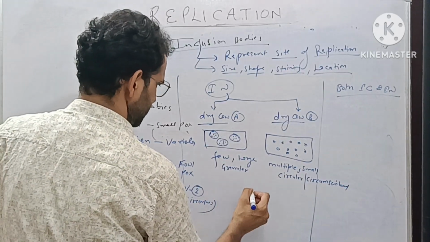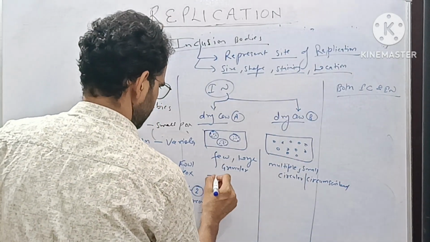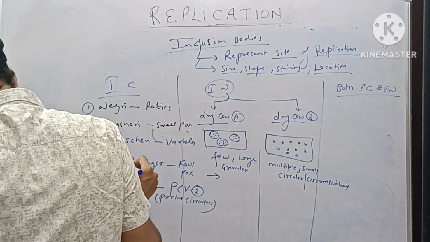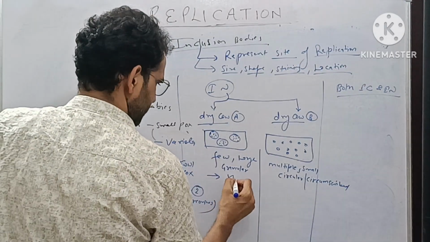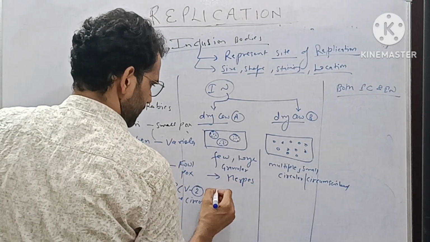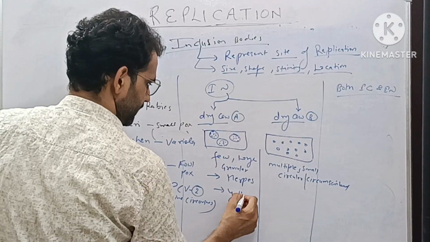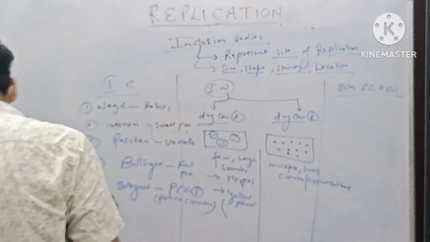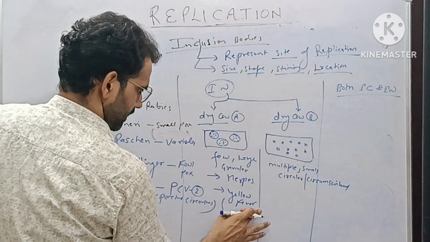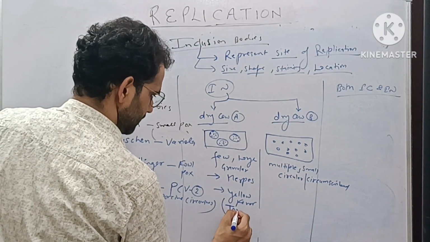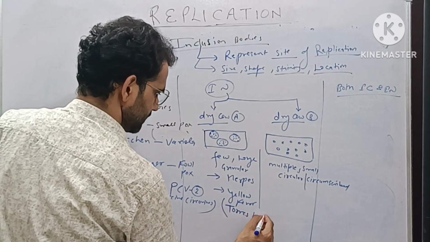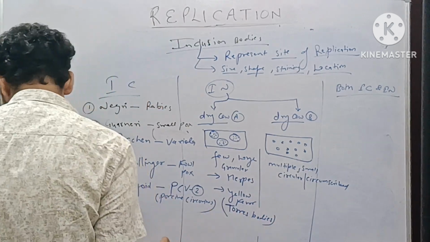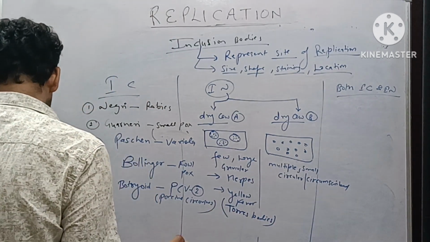What are the examples? Type A examples are herpes and yellow fever. In yellow fever these are known as Torres bodies.